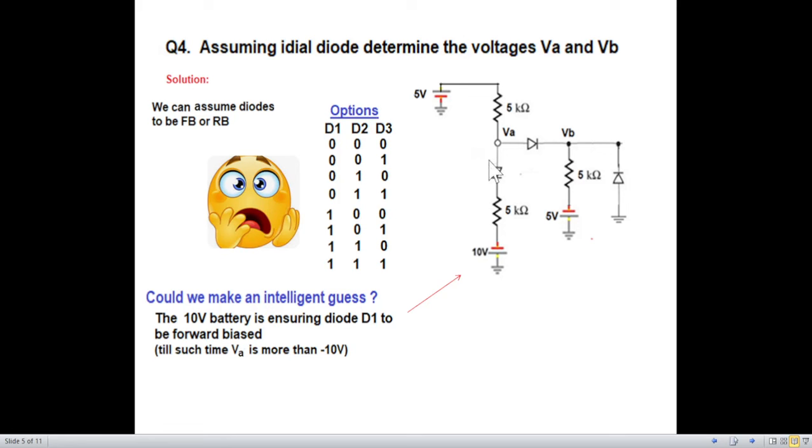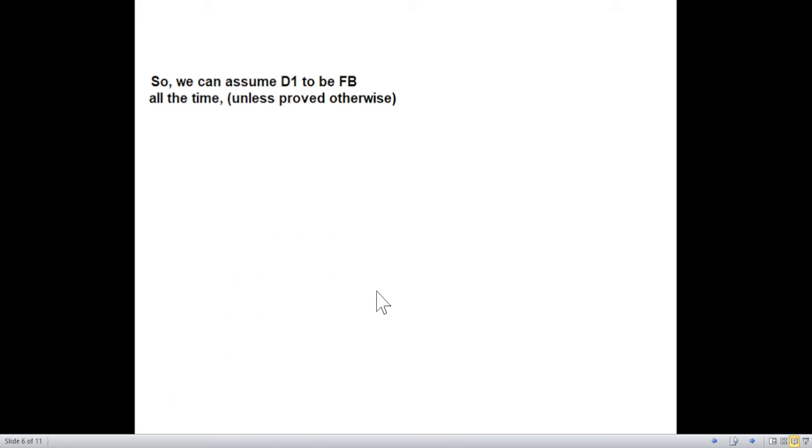Now in our case, you can see there's a 5 volt battery, positive coming here, and this is 5 volt negative. So the maximum we can expect is minus 5 and not minus 10 volt here. And therefore our assumption is that this diode will remain forward. So we can assume D1 to be forward bias all the time unless proved otherwise. We'll proceed with this assumption first of all.